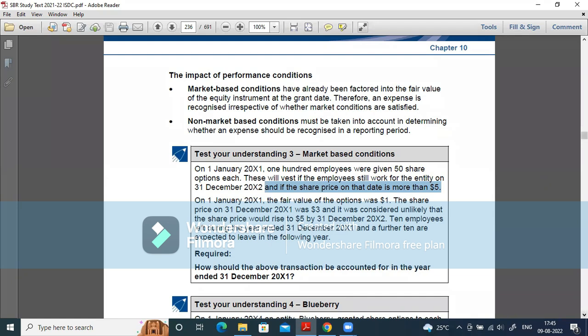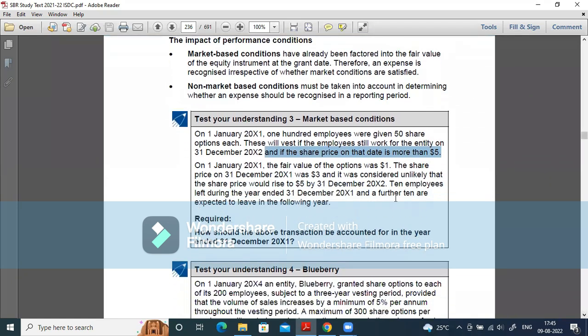They mentioned that the employees can exercise this only when the share price reaches $5. On January 2001, the fair value of the options was $1. It means at the grant date, the fair value considered for the option was $1.